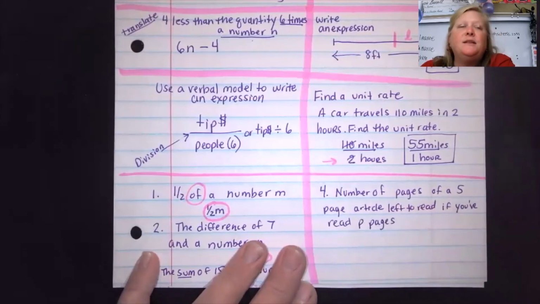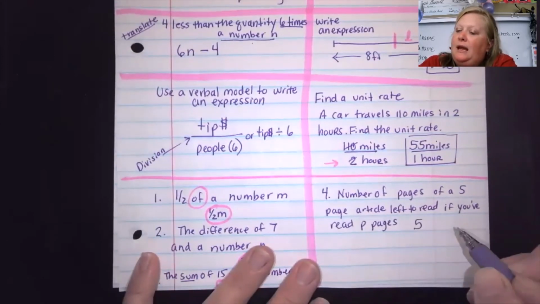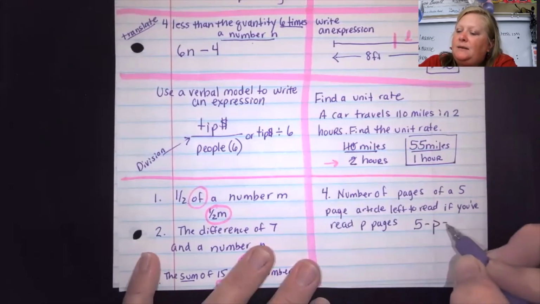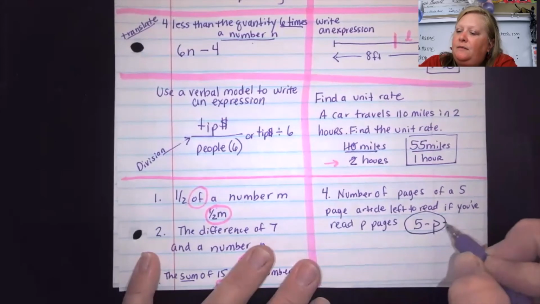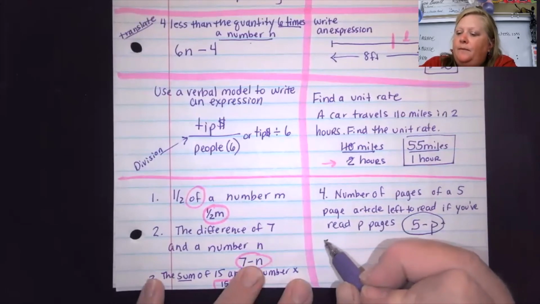Okay, well, how many pages in the article? You're right, there's 5. And I've read P of them, so that's how many I will have left. And remember, I'm writing an expression, not an equals. So don't jump on that.